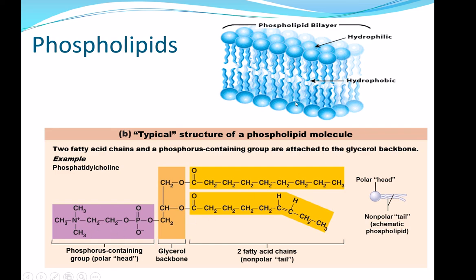And so what we end up with is a hydrophobic layer that is these fatty acid chains that don't like water, that are nonpolar, and a hydrophilic or polar water-loving head due to the phosphorus-containing group. You can also see here we've got this little kink in the tail, again because of the double bond.